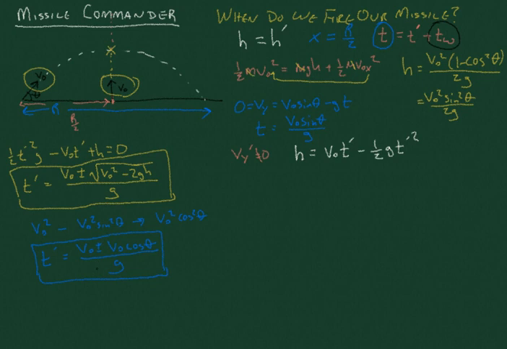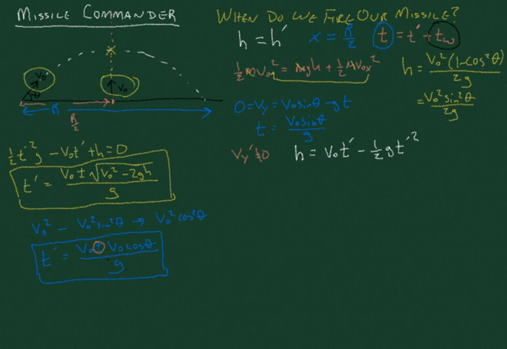Right? So now, do we want the plus or the minus? Well, it really doesn't matter. This is telling us that there's two different times where this missile is going to be at this height. So if we look at the minus, that's going to be an earlier time, right? And that's going to be the time when we hit it on the way up. The other time would be when we hit it on the way down.